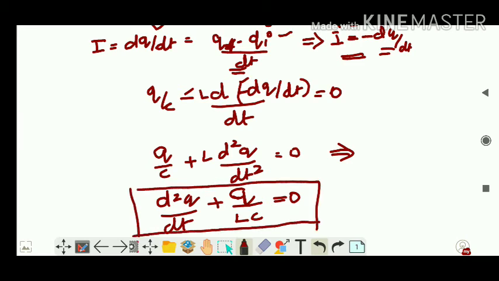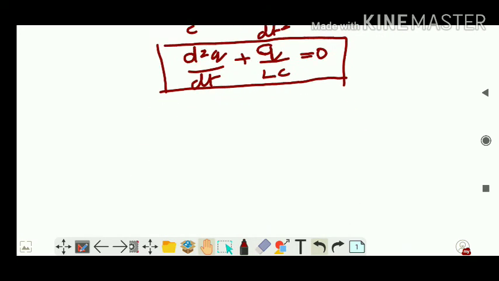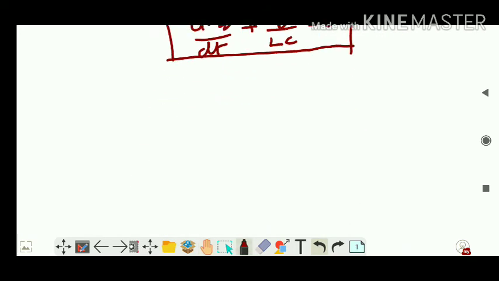Now I am telling you this expression is an equation for simple harmonic motion. How can I say that? Let's take the topic from 11th. What was simple harmonic motion's acceleration? It is minus omega squared x, where x is the displacement of the oscillation, and omega is the angular frequency.